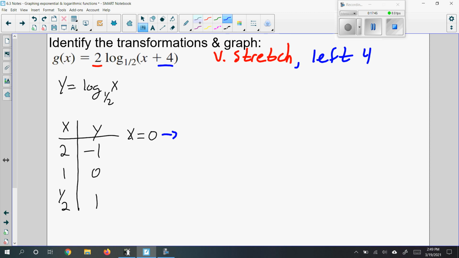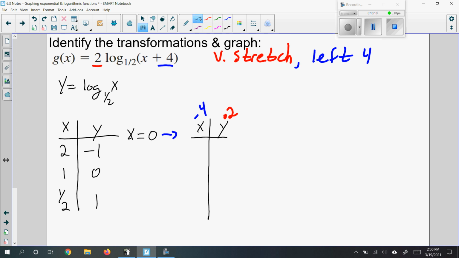So let's make our transformations. This vertical stretch is going to multiply the y values by 2. The +4 on the inside means we are going to subtract 4 from the x values.